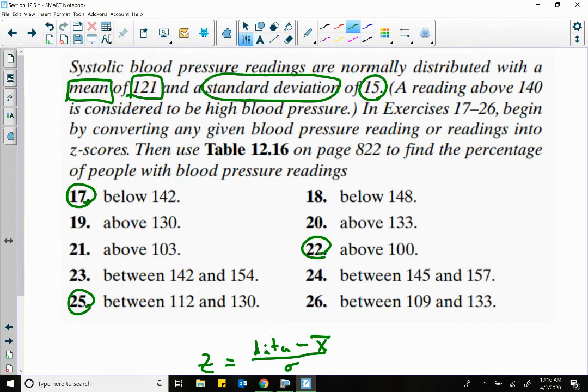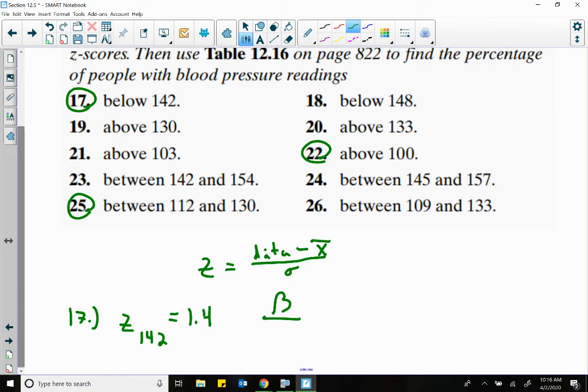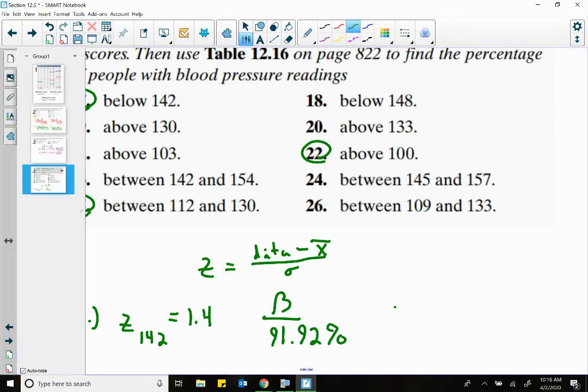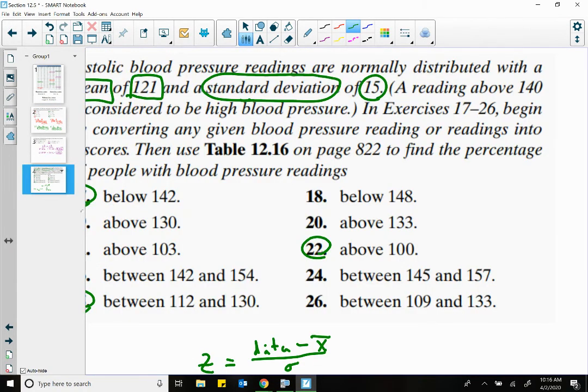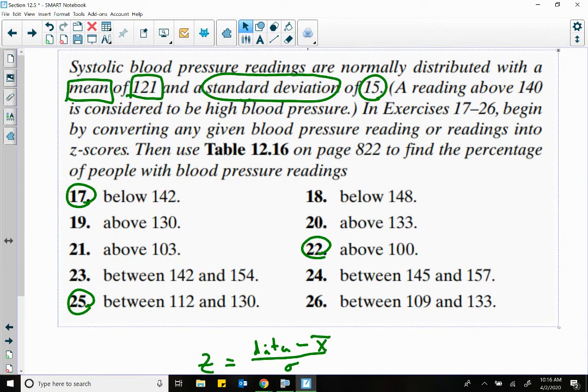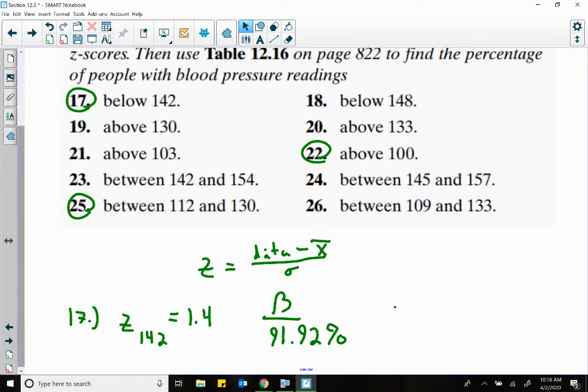So the answer is 91.92%. I think it was 92. Let me jump back real quick. Yep, 92. All right. So there's our answer.